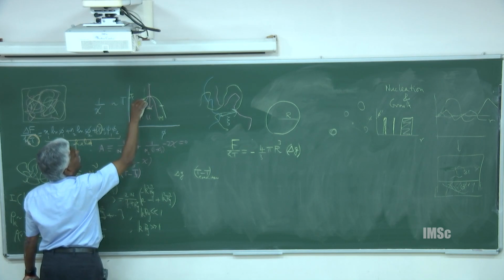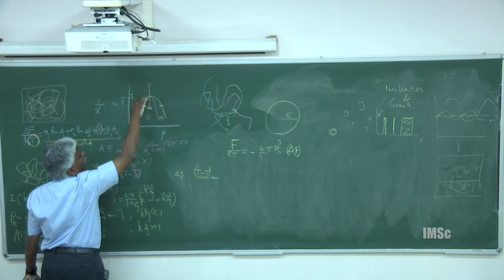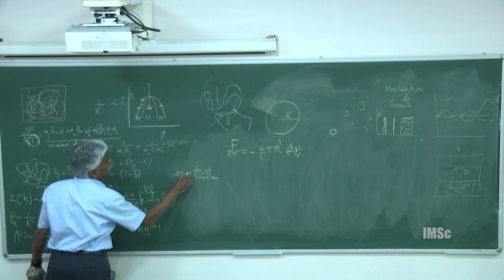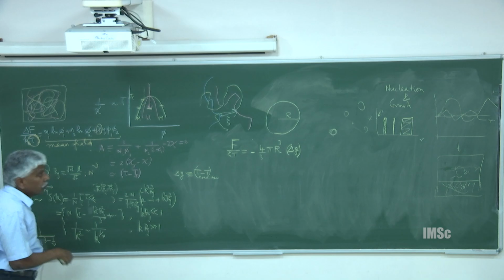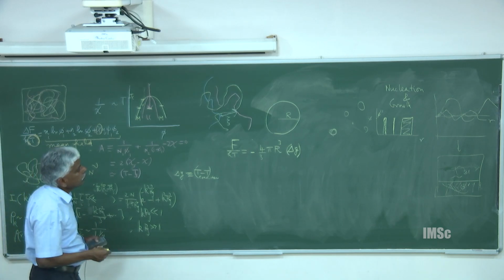This is my T coexistence temperature according to the curve, but I am going down there. This is the temperature. So T coexistence minus T, that's the driving force. This is positive, right? And with a negative sign, that's a gain in free energy. This is the one that is responsible for the birth of this nucleus.